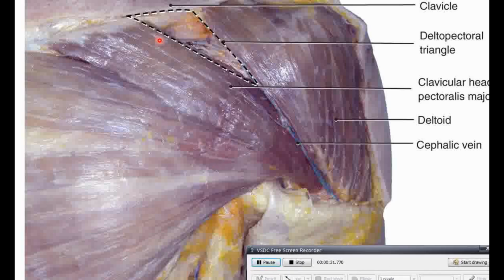Cut across the clavicular head of pectoralis major below the clavicle and reflect it towards its insertion. This is clavicular head of pectoralis major, deltoid muscle, cephalic vein in the deltopectoral groove.